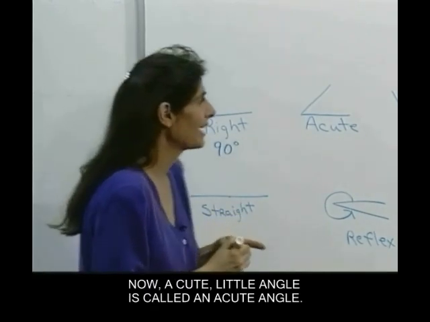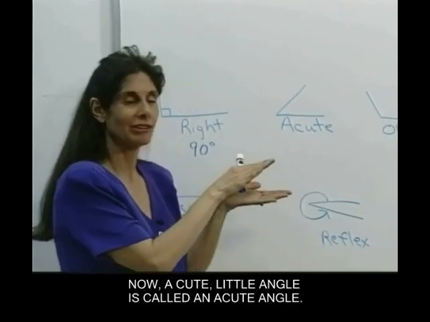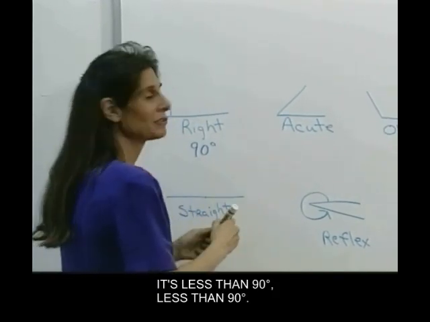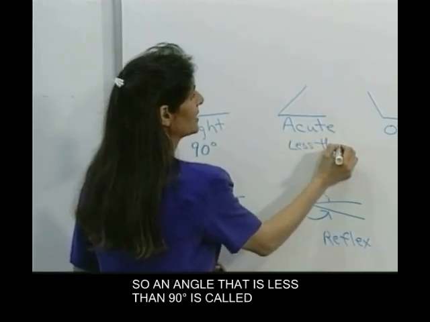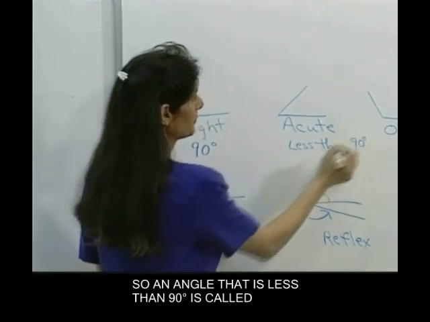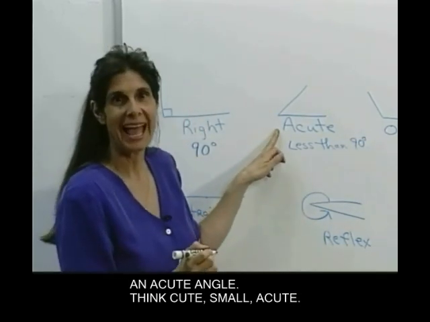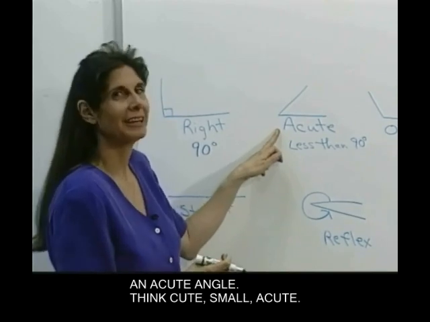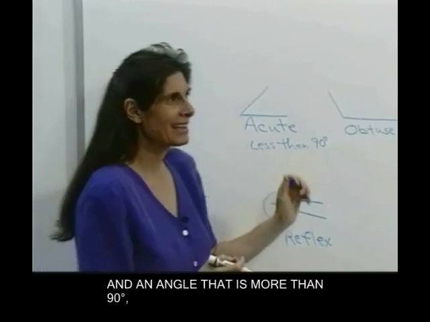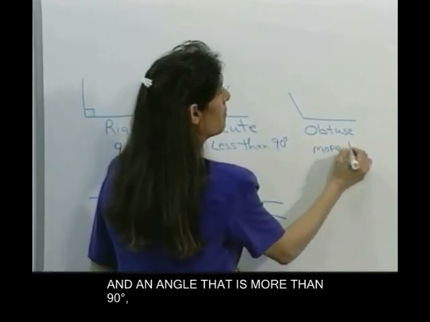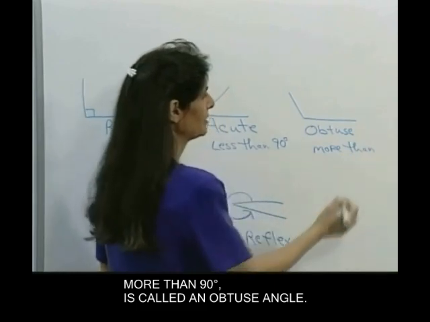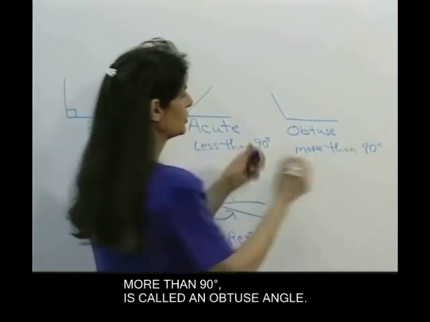Now, a little angle is called an acute angle. It's less than 90 degrees. So an angle that is less than 90 degrees is called an acute angle. Think cute, small, acute. And an angle that is more than 90 degrees is called an obtuse angle.